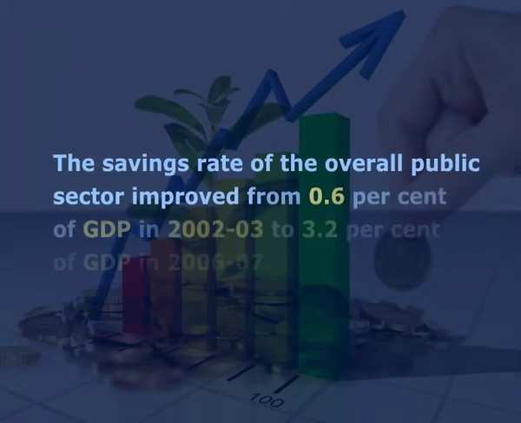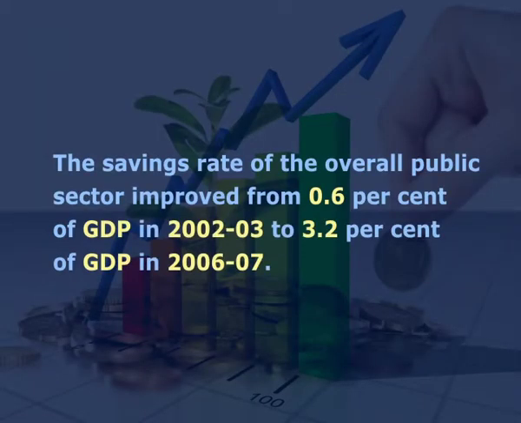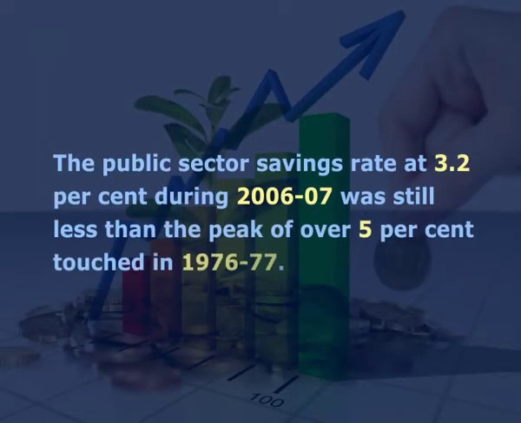The savings rate of the overall public sector improved from 0.6% of GDP in 2002-2003 to 3.2% of GDP in 2006-2007. Notwithstanding the striking improvement over the past few years, it may be noted that the public sector savings rate at 3.2% during 2006-2007 was still less than the peak of over 5% touched in 1976-77.